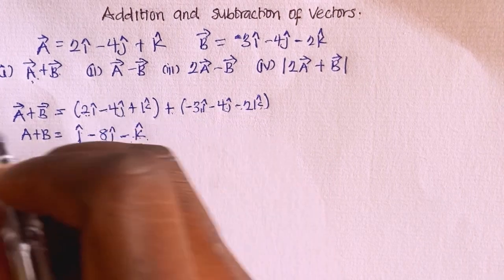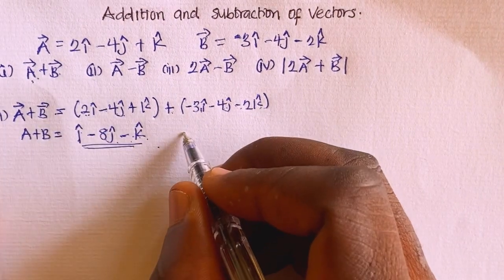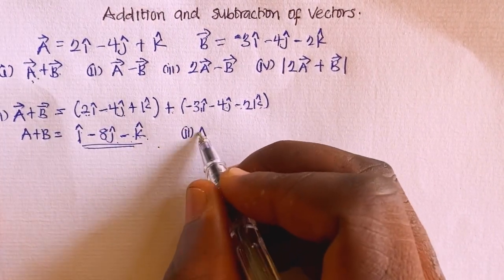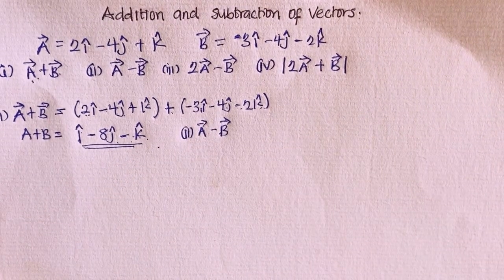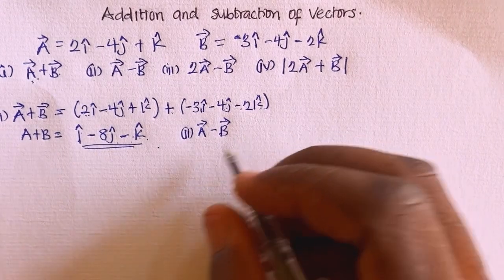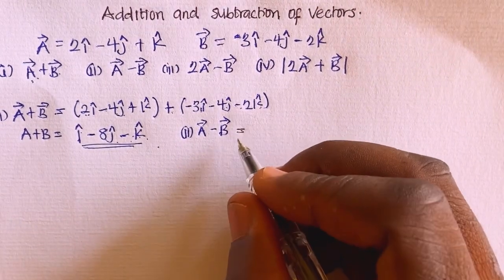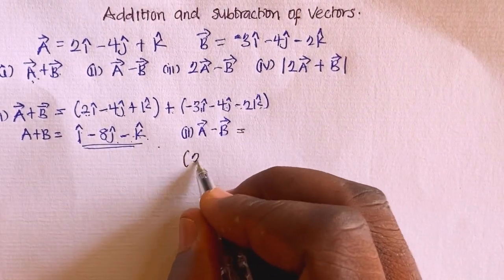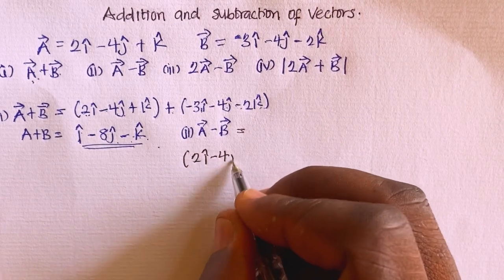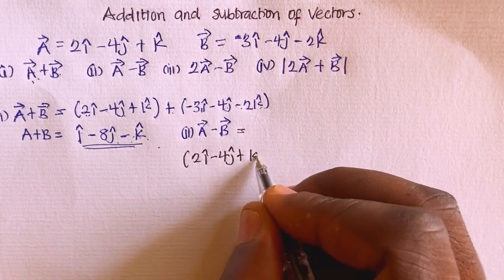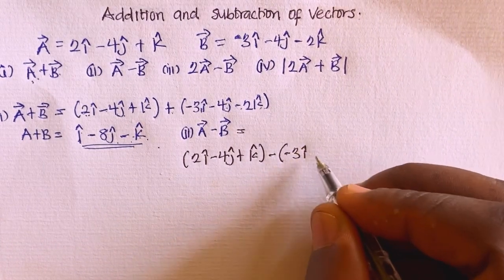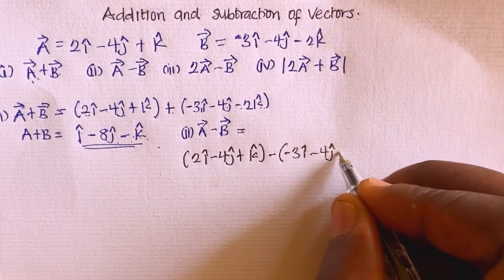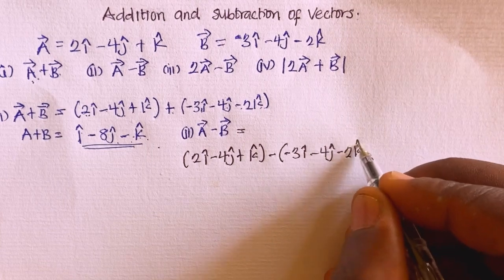So the next one is that I'm asked to find A minus B. A minus B in this case is going to be equal to 2i minus 4j plus k, minus into brackets minus 3i minus 4j minus 2k.